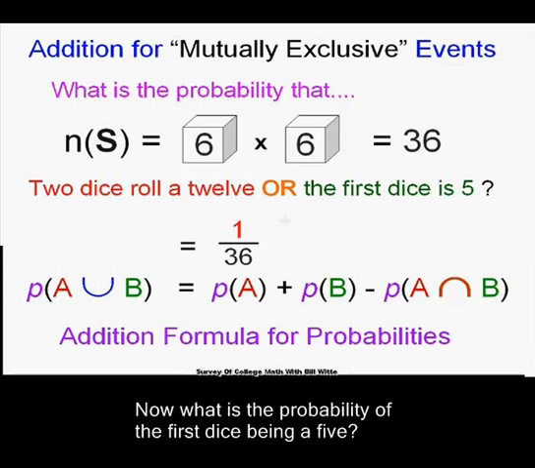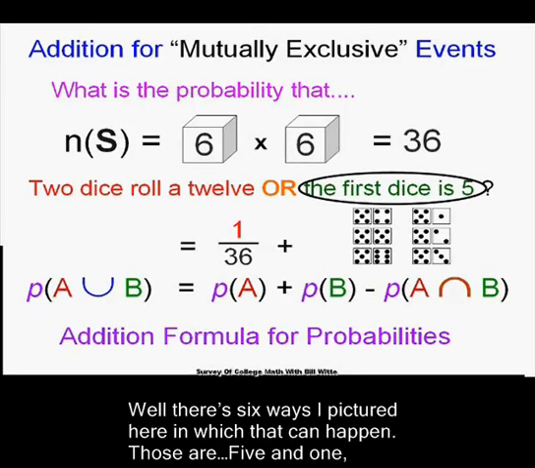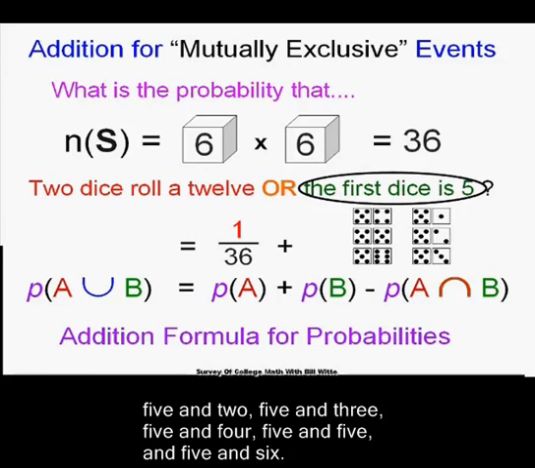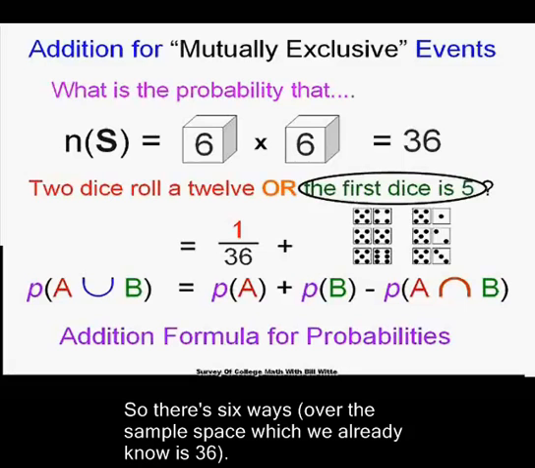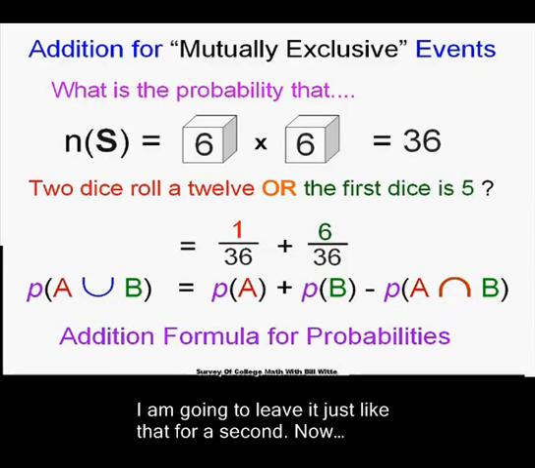Now what's the probability of the first dice being a 5? Well, there's 6 ways that can happen: 5 and 1, 5 and 2, 5 and 3, 5 and 4, 5 and 5, and 5 and 6. So there's 6 ways over the sample space, which we already know is 36.